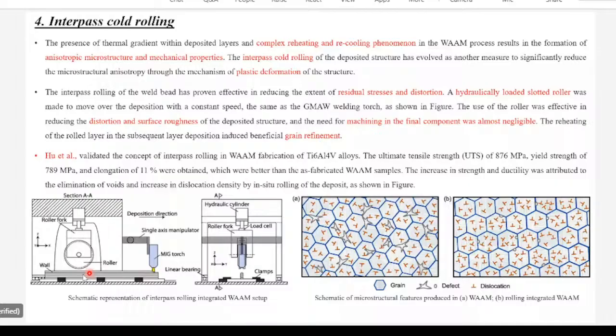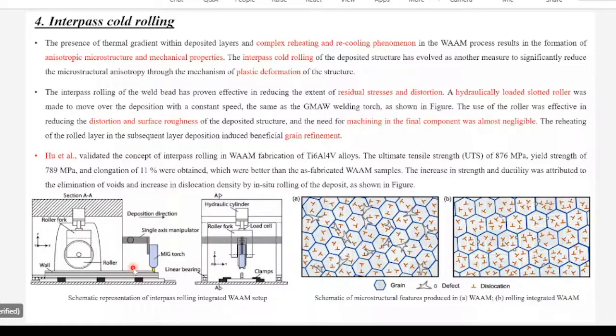What plastic deformation is doing is reducing the porosity if there is some gas entrapment, and it is also doing forging and work hardening, which improves the mechanical strength and reduces the porosity level.